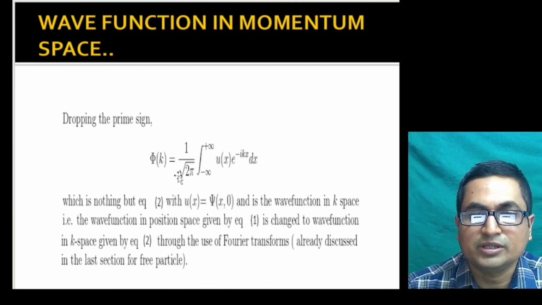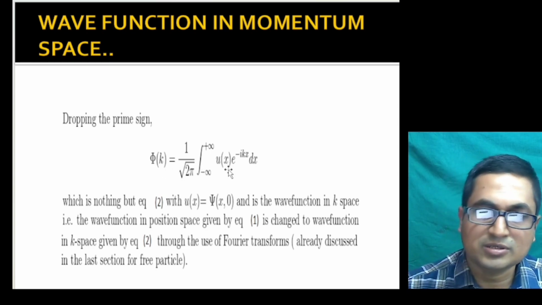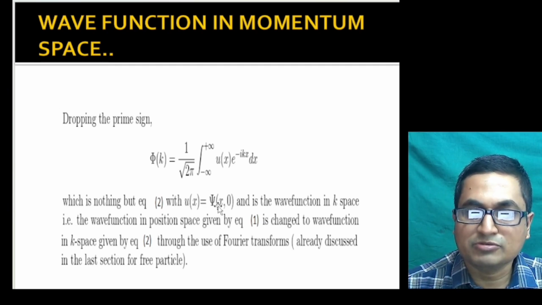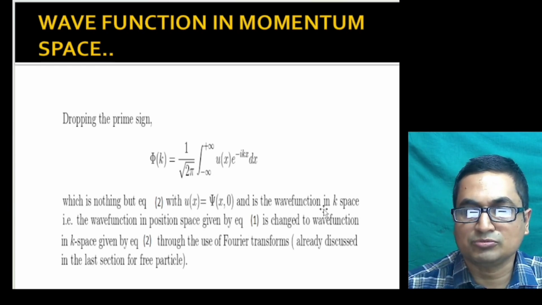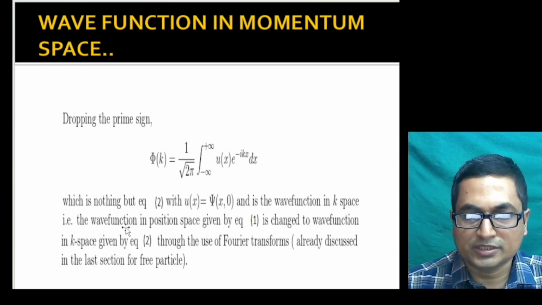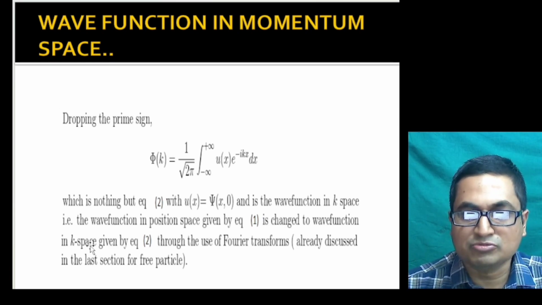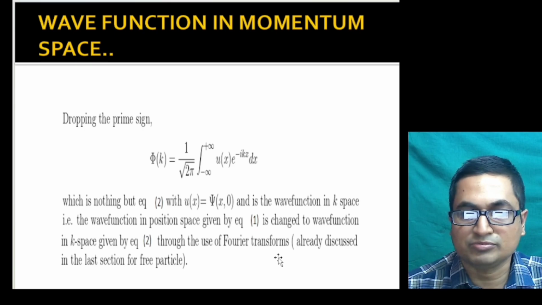Then dropping the prime sign, since it is an arbitrary function, we can drop this k' here. So ultimately we are left with phi(k) equal to this, and since u(x) is nothing but psi(x,0), it is simply as we see in equation 2. We note that the wave function in position space given by equation 1 is now changed to the wave function in k space given by equation 2 through the use of Fourier transform.